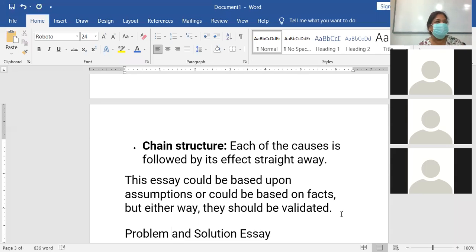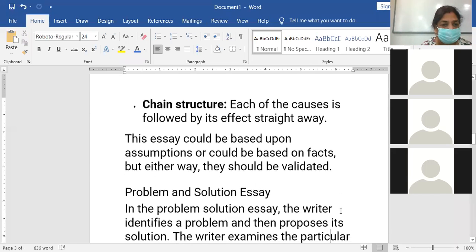The causes of you not doing well: the studying was not done. Why did the question come? So it can be based upon facts, or it can be based upon assumption. But either way, they should be validated, and whatever it is, it should be listed.